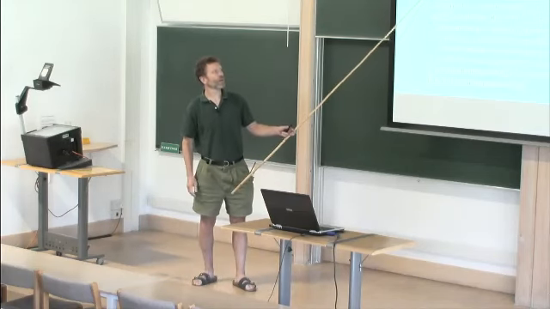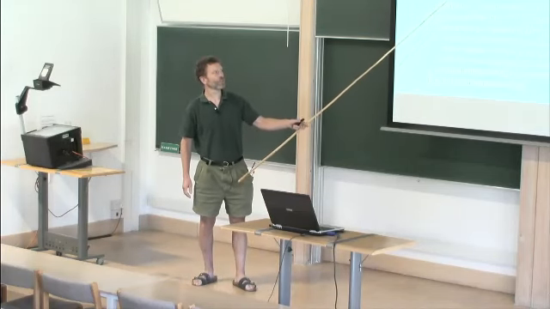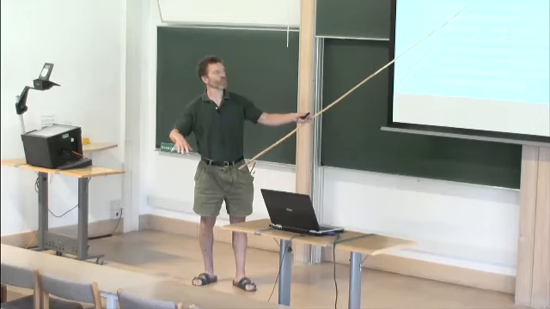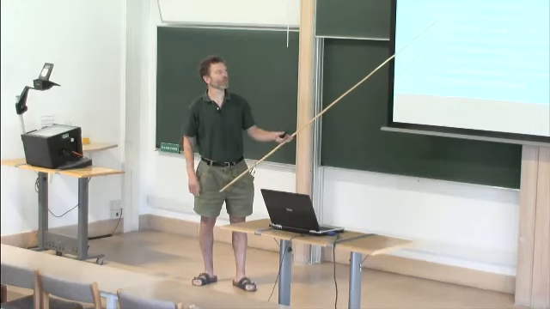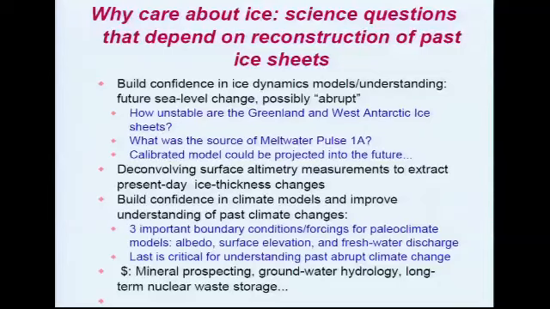We also need to know past ice thickness changes in terms of deconvolving surface altimetry measurements to extract present day ice volume changes, because surface altimetry of the ice depends not only on ice volume but also on ongoing changes of the surface of the solid earth below it in response to past changes in glacial loading.